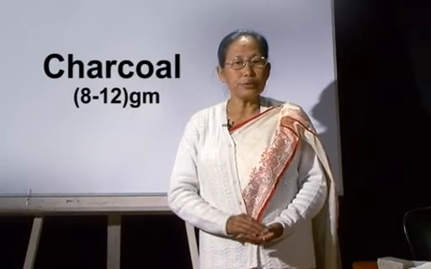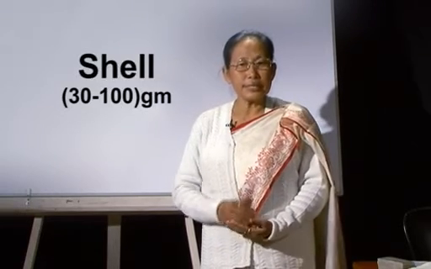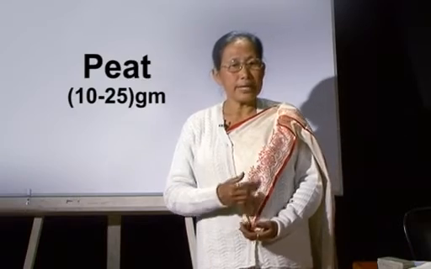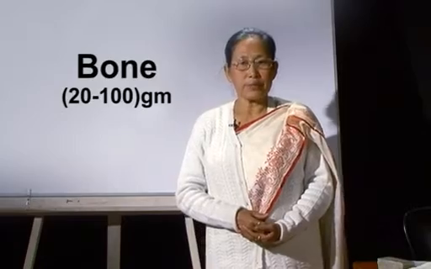For example, in a laboratory at Cambridge, the recommended sample requirements are as follows: charcoal, 1 to 12 grams, wood 10 to 30 grams, shell 30 to 100 grams, peat 10 to 25 grams, bones 20 to 100 grams, etc. While selecting a sample for dating, the important thing to note is that it has to be taken with great care in order not to contaminate it with more recent material.